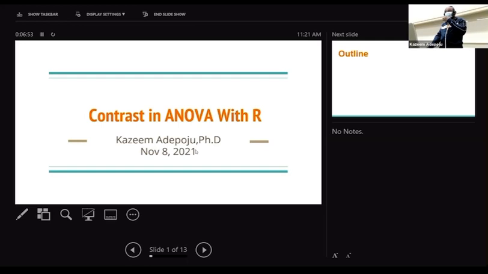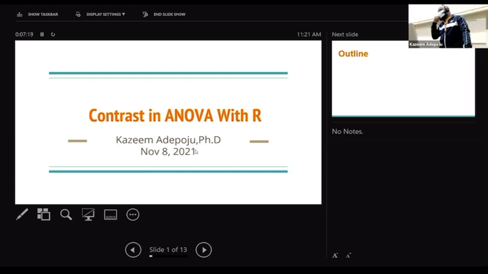The example I want to walk you through today has to do with a cadre in the university setting. Apart from that, I'm also going to walk you through different ways of assigning contrast weights.